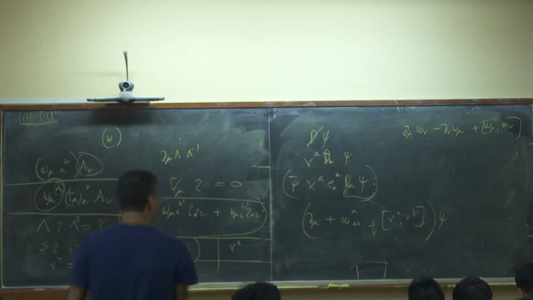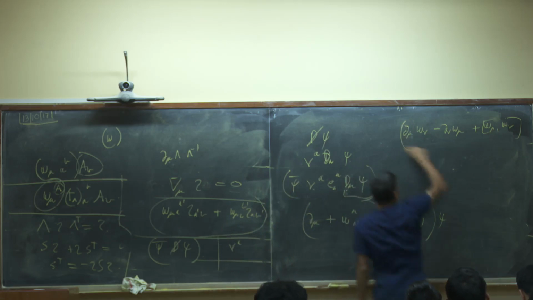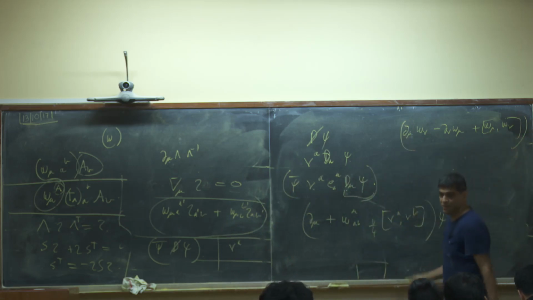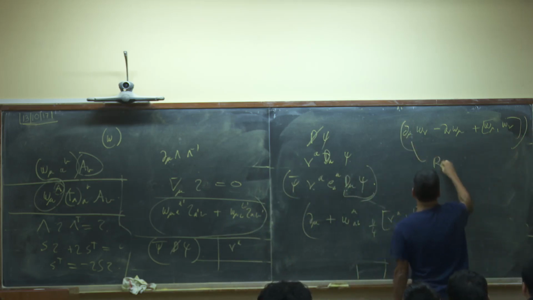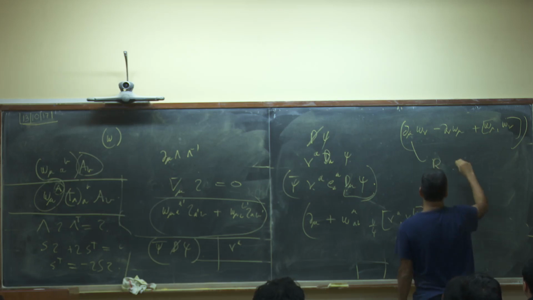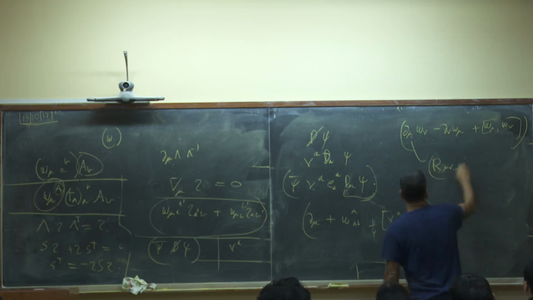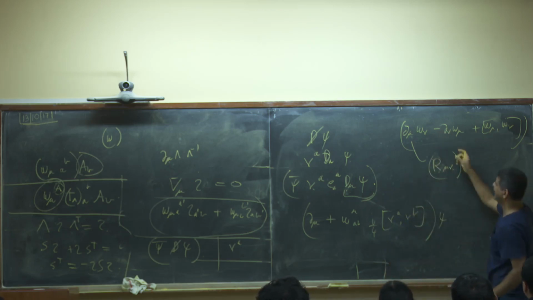This quantity we're going to define as R mu nu. Let's call it with a tilde. And of course it has matrix indices, so there are AB indices.